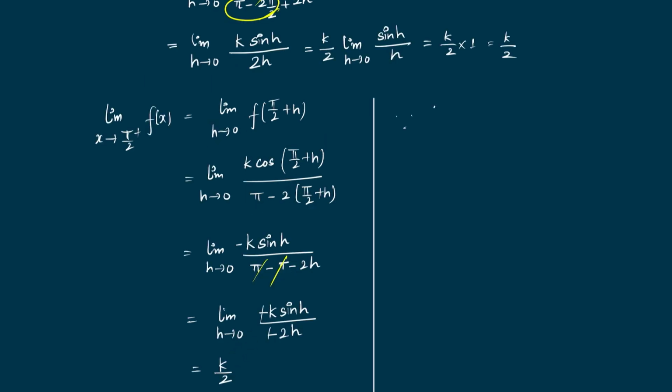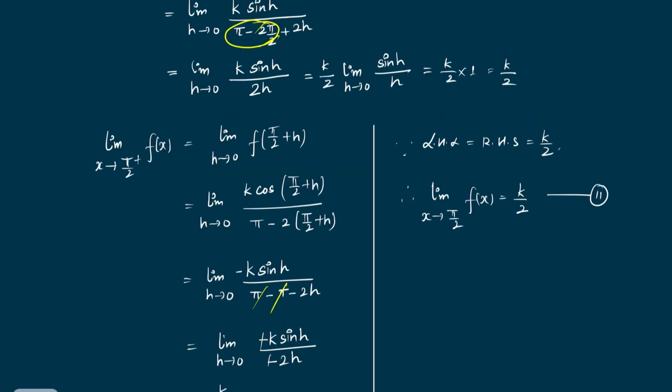Since the left hand limit equals the right hand limit and both are equal to k by 2, therefore limit x tends to pi by 2 f of x equals k by 2, and let this be equation 2. The question has given limit x tends to pi by 2 f of x equals f of pi by 2.